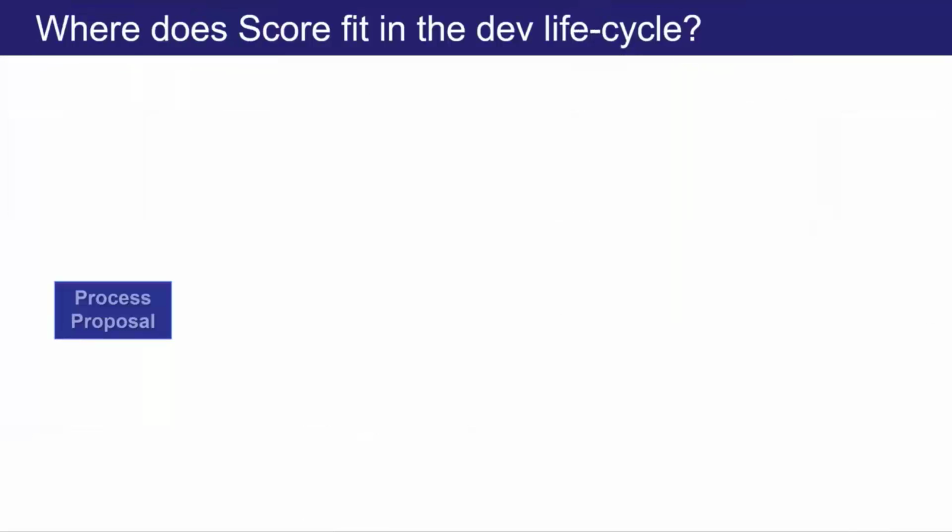So let's first talk about how the SCORE software works within the average development lifecycle. We usually start with a process proposal, that is to say that we're going to be implementing one or more business processes that involve one or more transactions, et cetera.